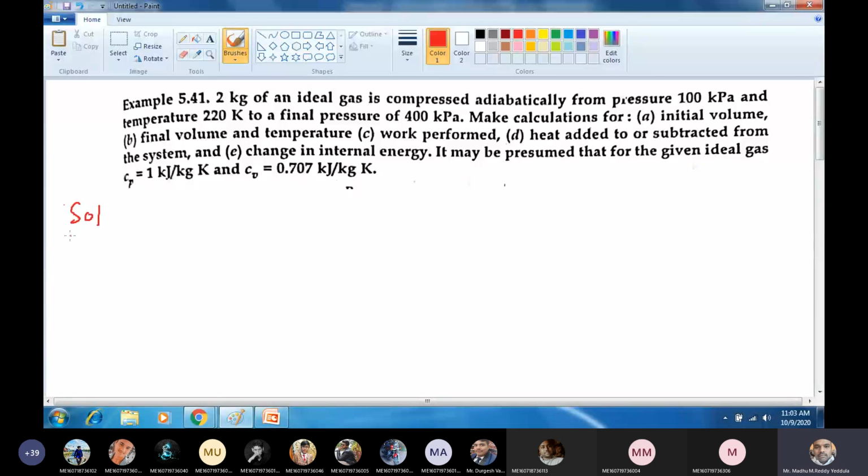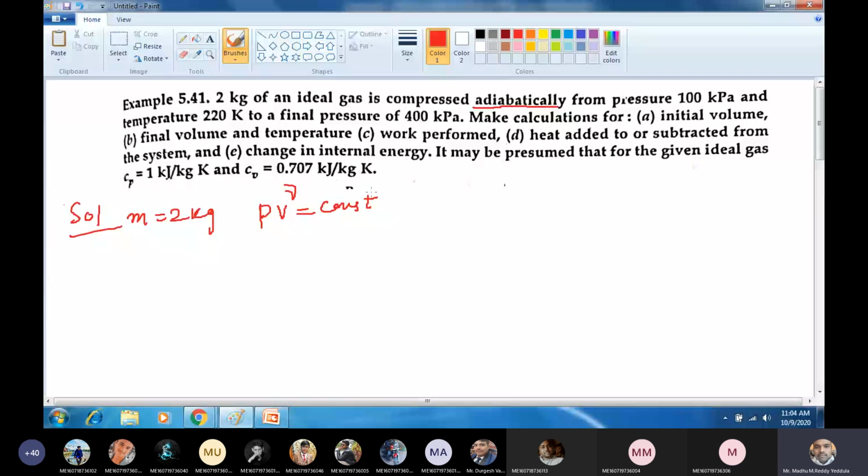Write the data: mass is equal to 2 kg, compressed adiabatically. What is meant by adiabatically? Constant temperature? Entropy? PV power gamma is equal to constant.